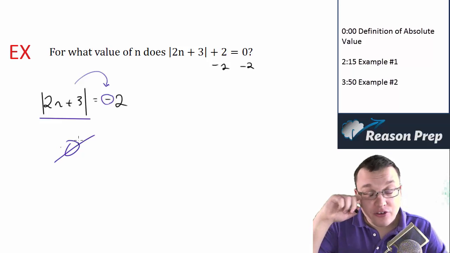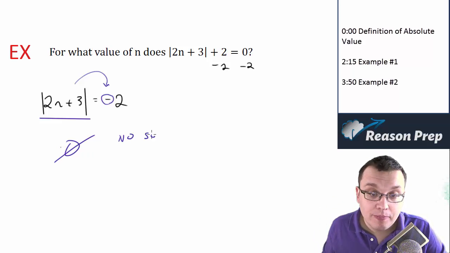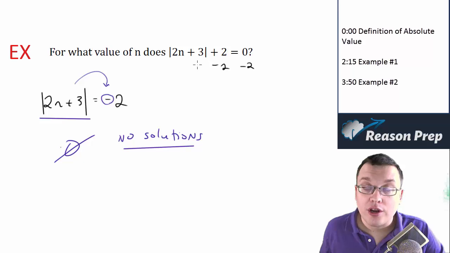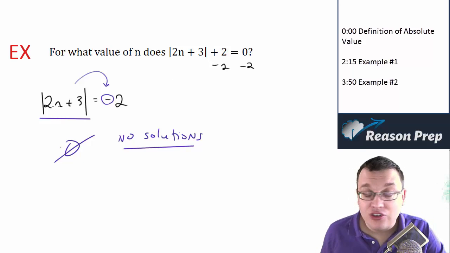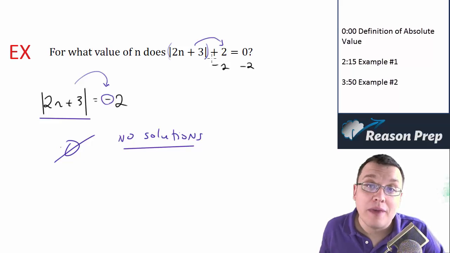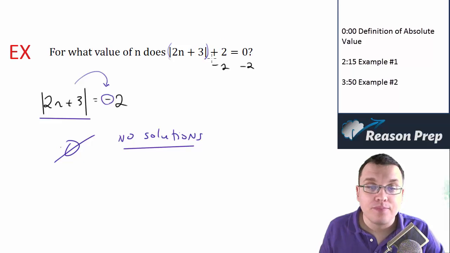So the answer is no solutions. Empty set. There are no n's that will make this work. And if you wanted to, just test some stuff out. You'll see you'll never get something that will equal -2. You will never get a negative quantity here that will add to 2 to make it equal to 0. It just won't happen. So that's how you tackle absolute value equations.